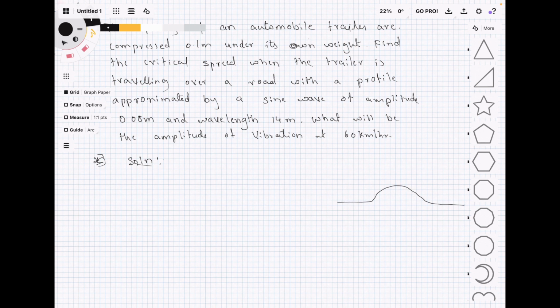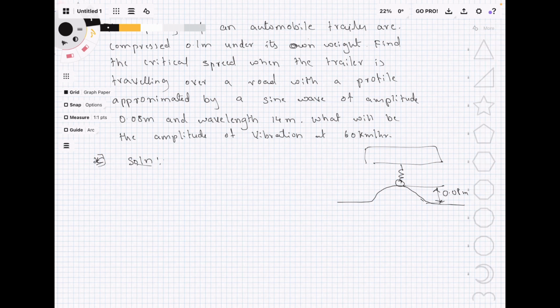If you take this as a trailer here, there is a spring and this is a wheel here. So when it goes over this profile, the amplitude is 0.08 meter and the wavelength is 14 meter. So for this case, what they have asked is the critical speed.